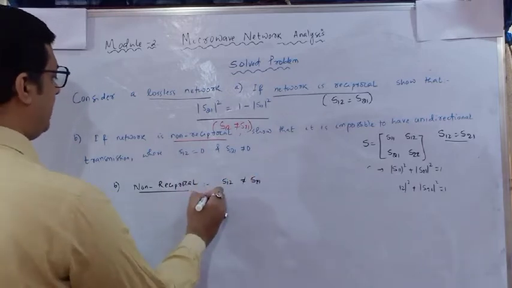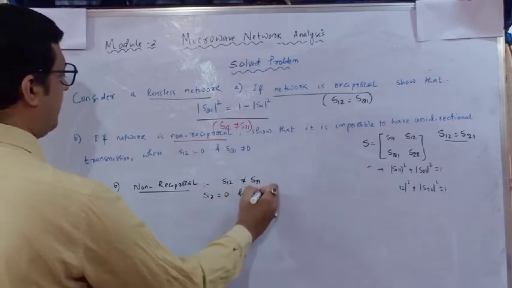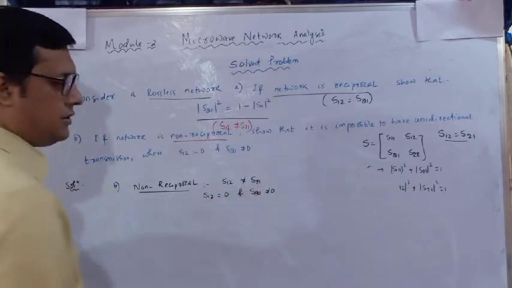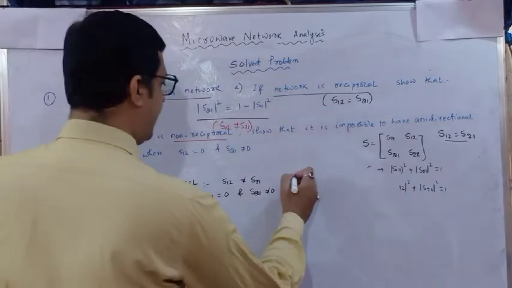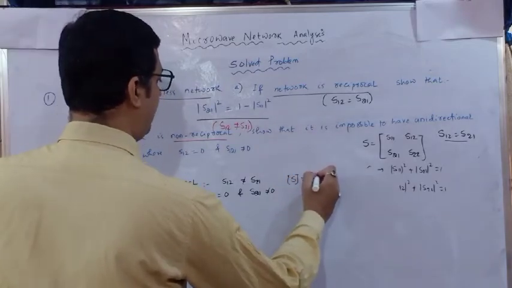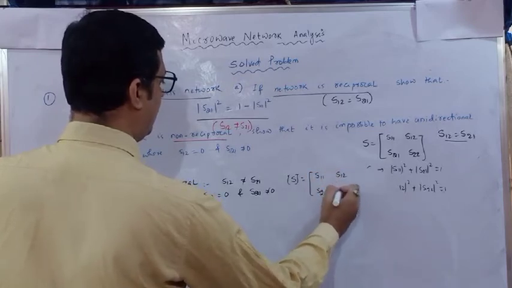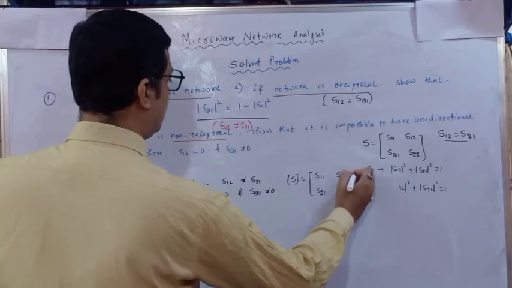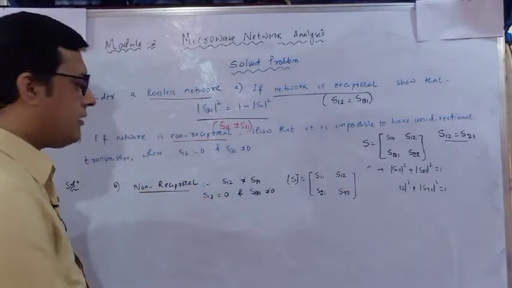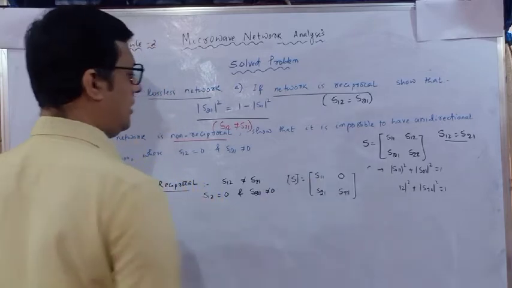As the values are given, S12 is 0 and S21 is not equal to 0. So my scattering parameter matrix will have S11, S12, S21 and S22. This is the scattering parameter, but according to the given question, our S12 is 0.